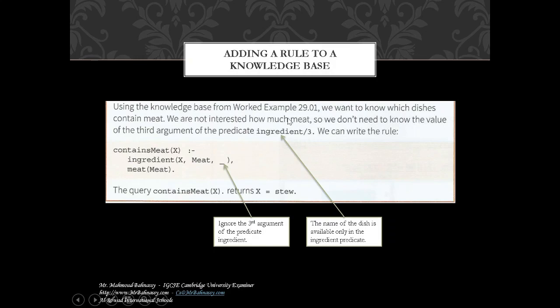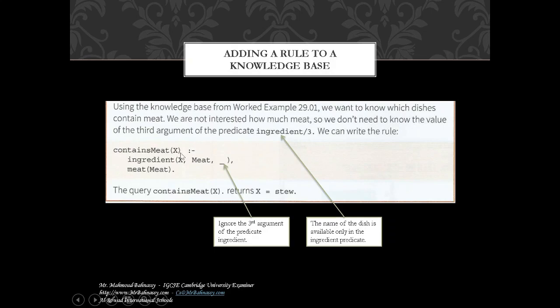Using the knowledge base from the worked example, we want to know which dishes contain meat, and we are not interested in how much meat, so we do not need to know the value of the third argument, which is the amount. So here we need to know which dishes contain the meat. We write contains_meat as a predicate, and between the brackets we put X, because we don't know exactly which dish. This will display the dish that contains meat.